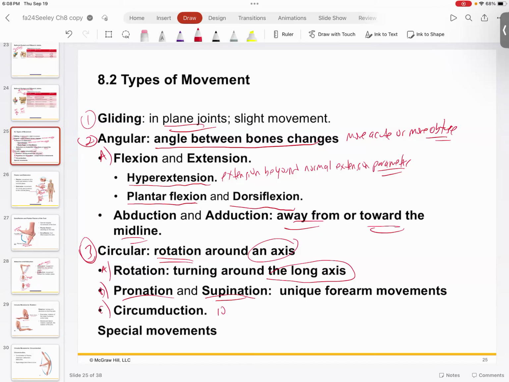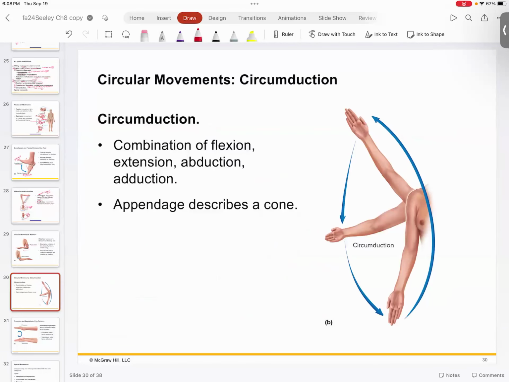So it's basically rotation around your shoulder, as if you were drawing a circle in the air. So this is going to be circumduction.